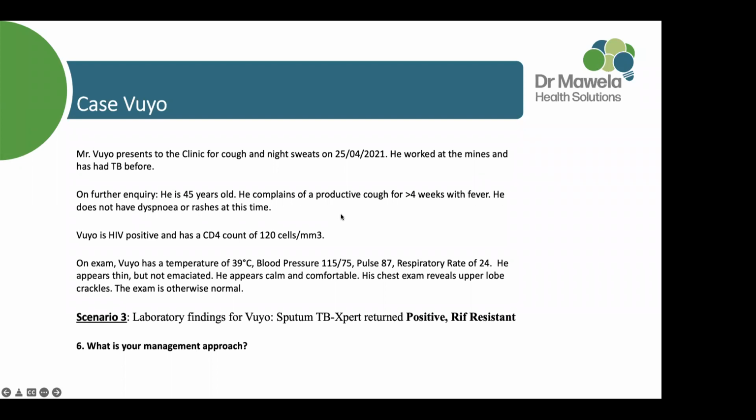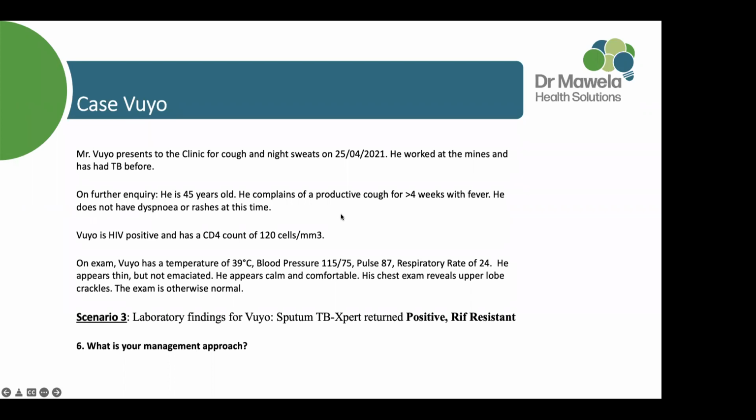Can you outline for us what should happen once we have a TB GeneXpert result that is positive and the rifampicin is resistant? All right. I'm looking at the poll, and I can see that most people are referring to their TB clinic, meaning they've realized this is not a drug-sensitive TB but a drug-resistant TB.